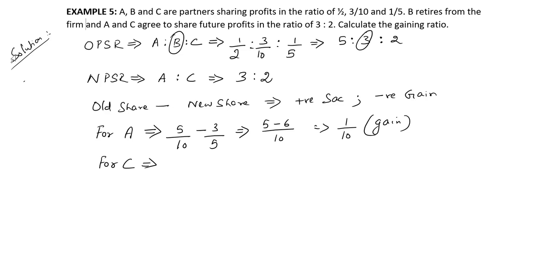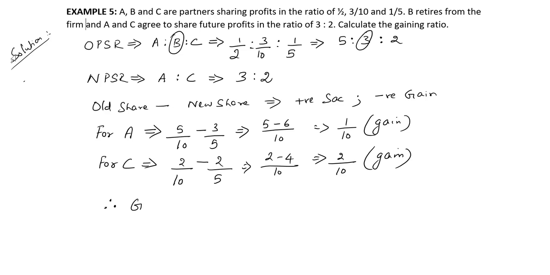In the case of C, old share 2/10 minus the new share 2/5 is a negative 2/10, and C also gains.